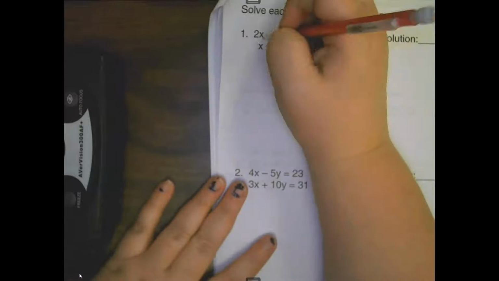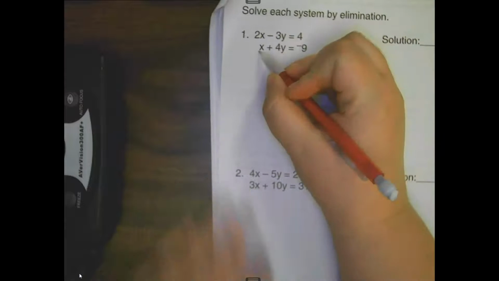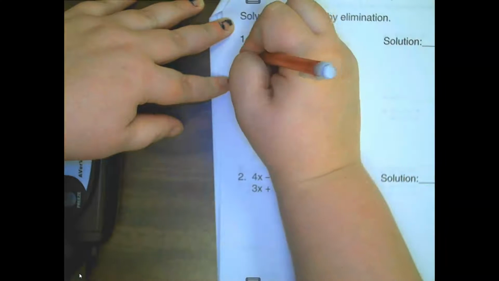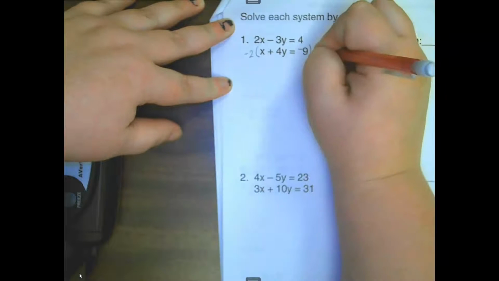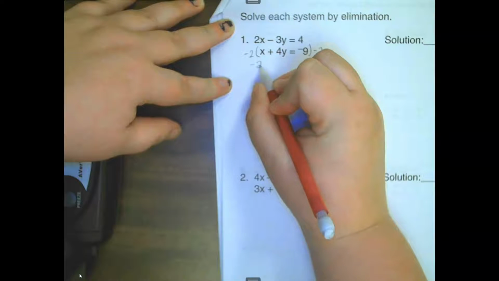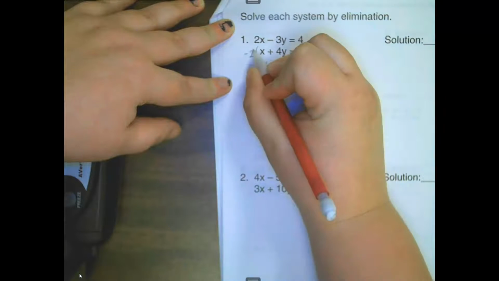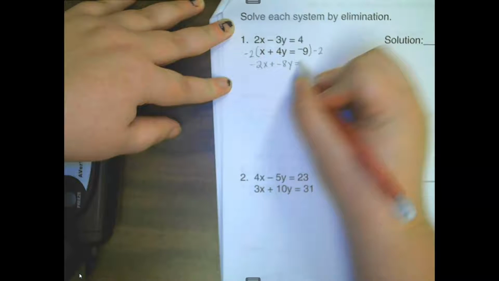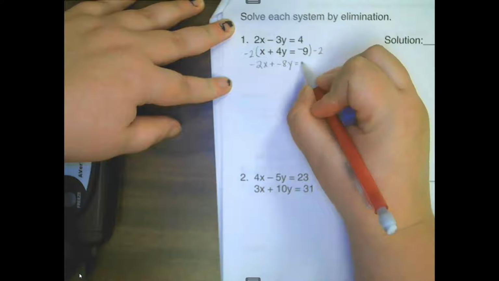But if I look at this one, all it needs is a -2. So I can multiply this entire one by -2. What that does is it sets this up to be -2x plus, distribute, -8y, and -9 times -2 is 18.